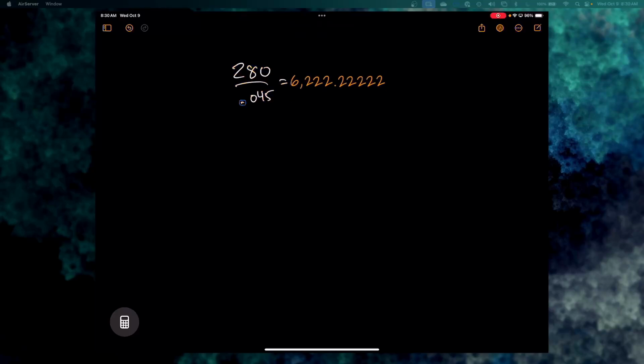Wait, what? This the calculator in iPad OS now. Wait, do another one. No, I'm done. Bye. It can even do things like, okay, now it can't. That worked earlier. I have no idea why it's not working now.